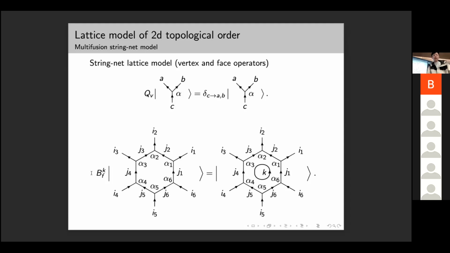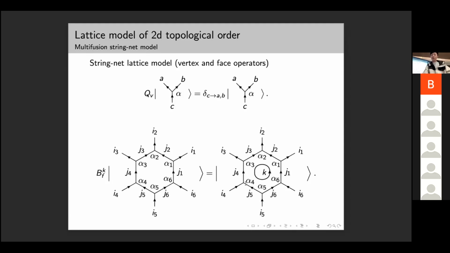And for the face operator, we first introduce the face operator labeled by the simple object in this multifusion category. This can be understood in the following way. We can insert the loop inside this, and then we use the string calculus for each edge, then we remove all this part, and we will get back to the original lattice.